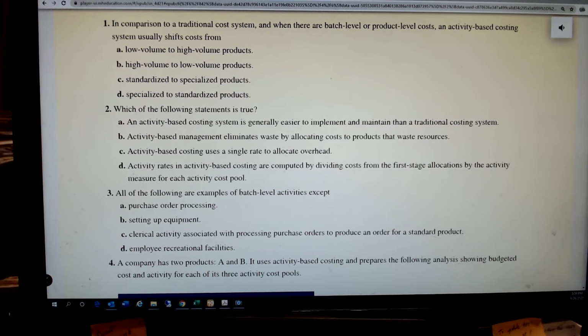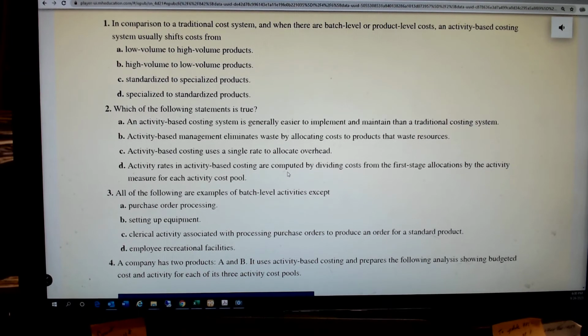Then we divide each one of those by an activity measure for each one of those pools. Like a purchasing department. We'll allocate the factory overhead to the purchasing department. That's first stage. And then we'll divide those costs by the number of purchase orders we plan to do to come up with a rate per purchase order. If a job takes 12 purchase orders, it gets charged 12 of those.